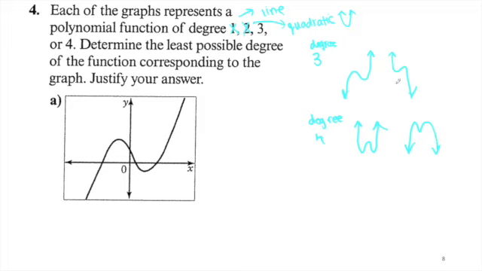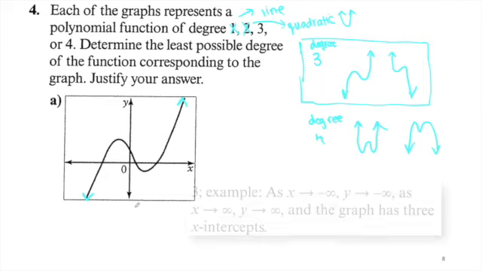So you actually know that it is going to be a degree 3 based on your end behavior having 1 point up and 1 point down, because I told you at the very beginning, any odd degree, you have opposite end behaviors. Okay, then we're going to determine the least possible function corresponding to the graph, which is 3.